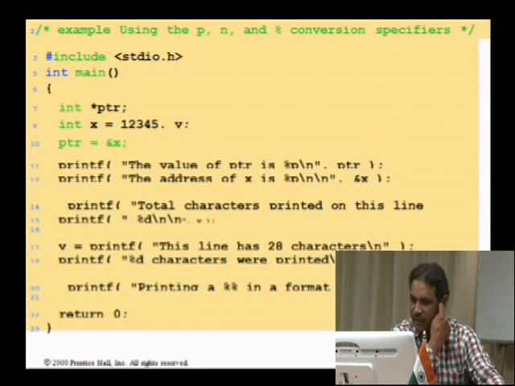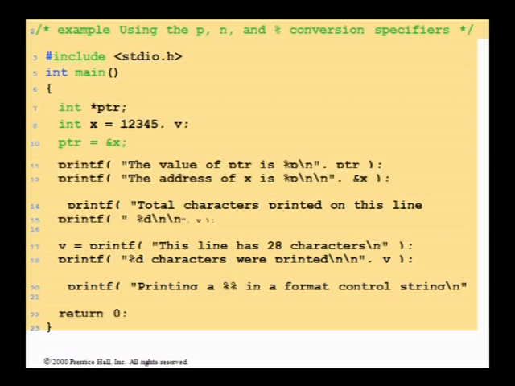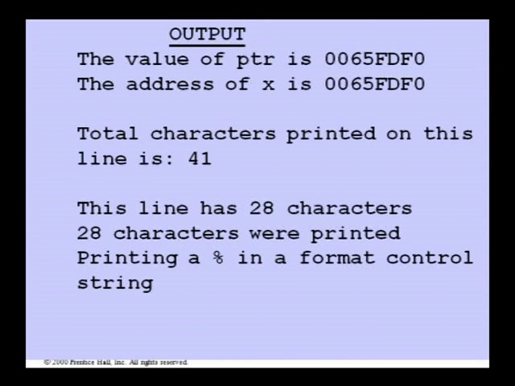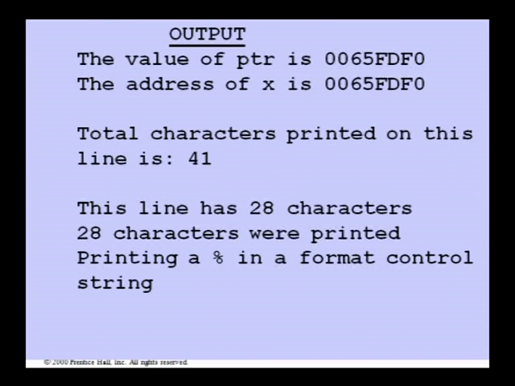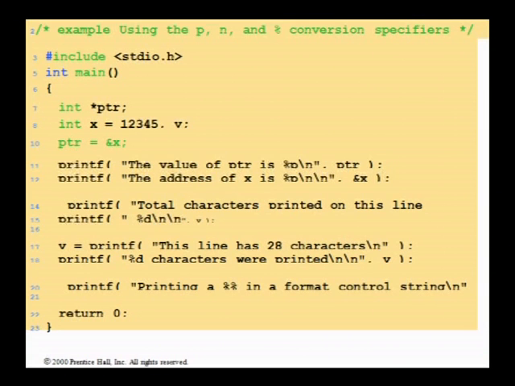So, an example here is that we want to print the pointer. Integer x is equal to 1234.45 and the pointer is equal to ampersand x. So what is the value of the pointer? The value of the pointer is some address value. PTR is nothing but that address value. Then what is x?